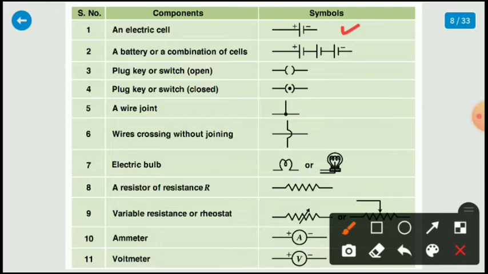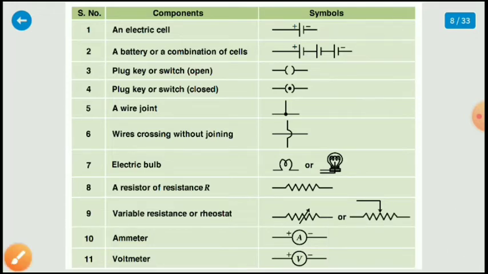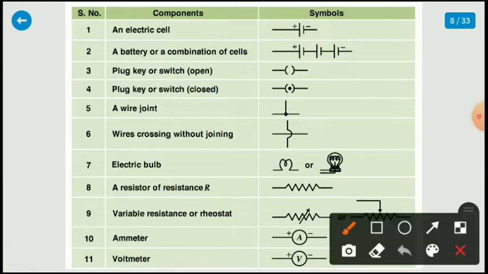It shows the terminals of the battery, which is also called the polarity of the battery. The combination of cells, or a battery, can be represented by this symbol.